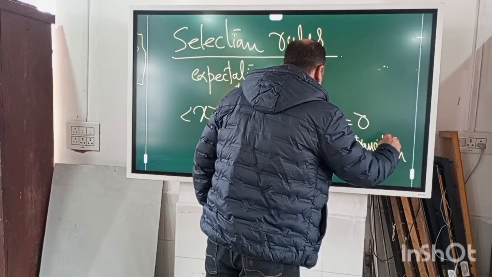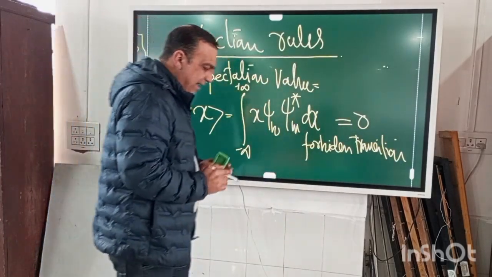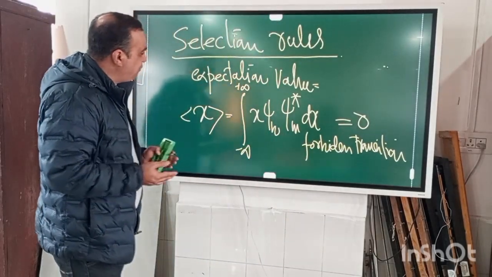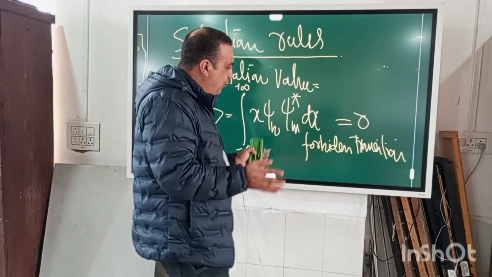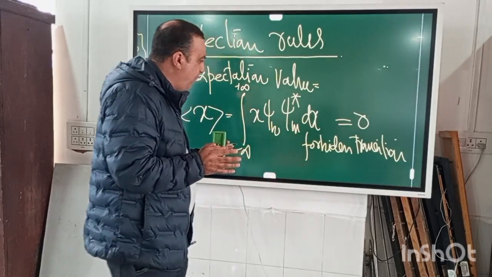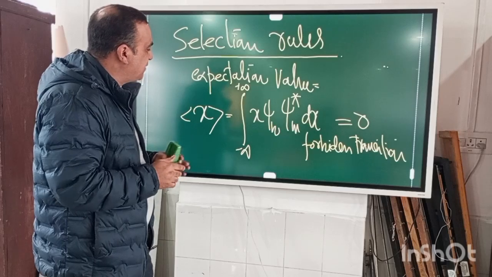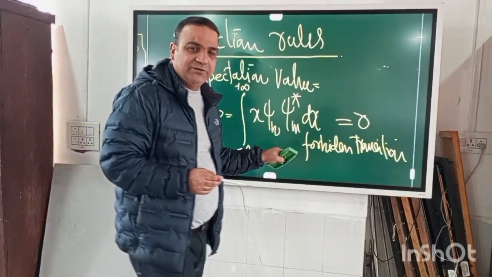That means the transition that can take place in, say, the hydrogen atom, is only possible if I have a non-zero value of this expectation.